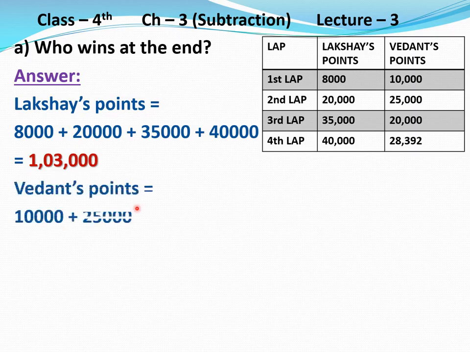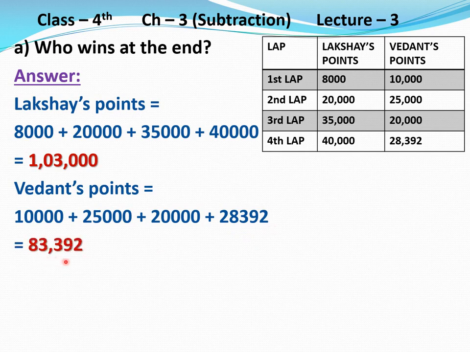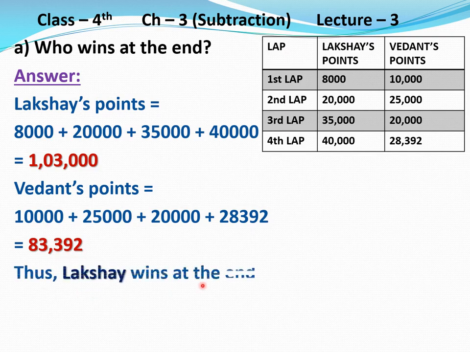Now Vedant's points equal to 10,000 plus 25,000 plus 20,000 plus 28,392 and that is equal to 83,392. Now we will compare. See, 1,03,000 is greater than 83,392. Thus, Lakshay wins at the end.